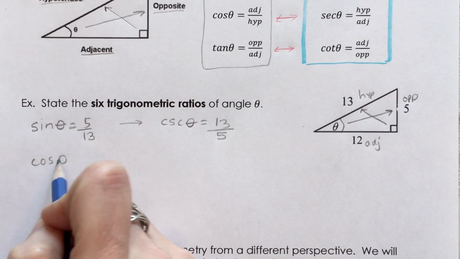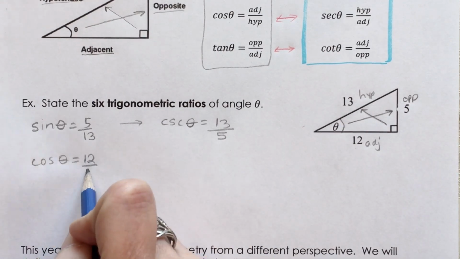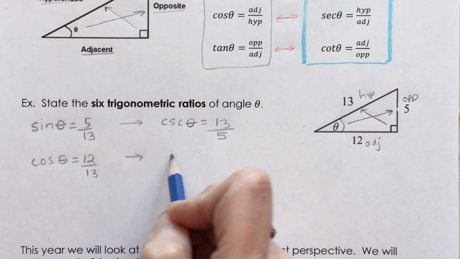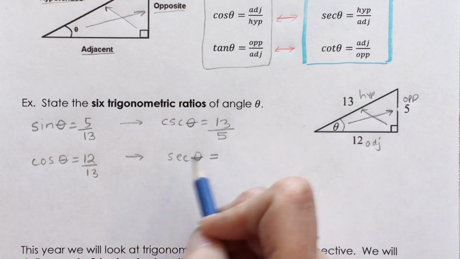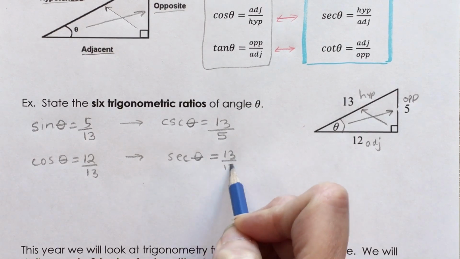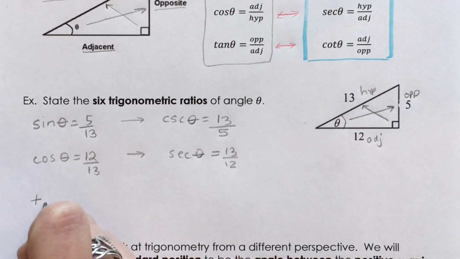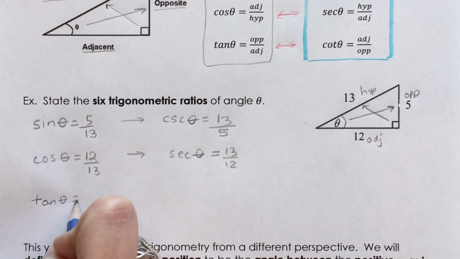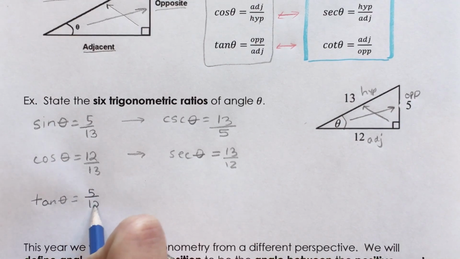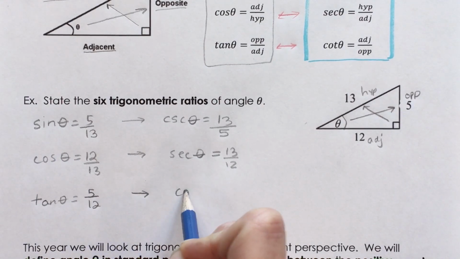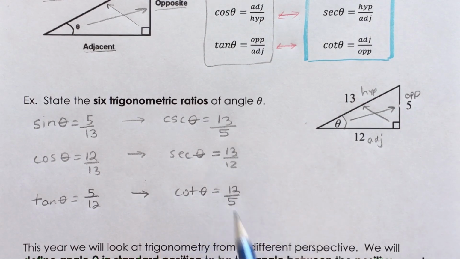Cosine of angle theta is adjacent over hypotenuse, so 12 over 13, which means the secant of angle theta is 13 over 12, the reciprocal. And the tangent of angle theta is opposite over adjacent, so 5 over 12, which means the cotangent of angle theta is going to be 12 over 5.